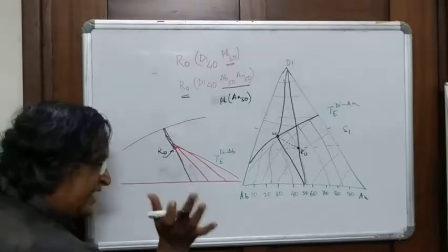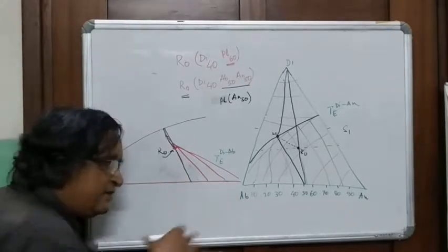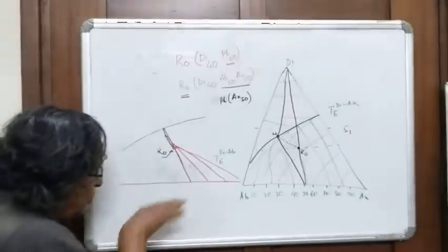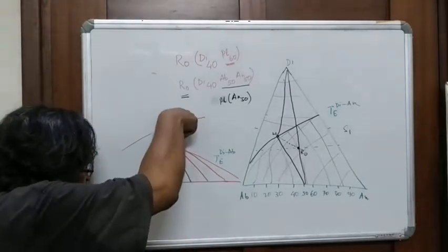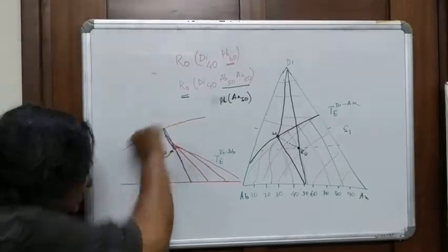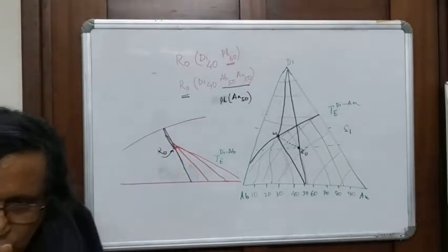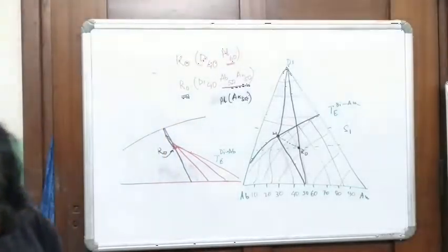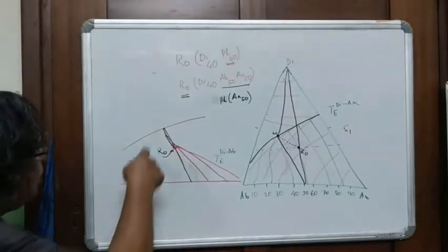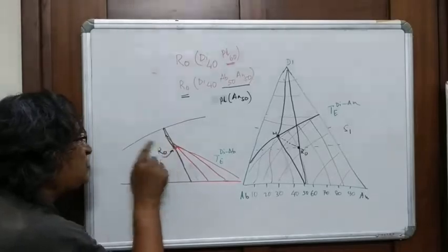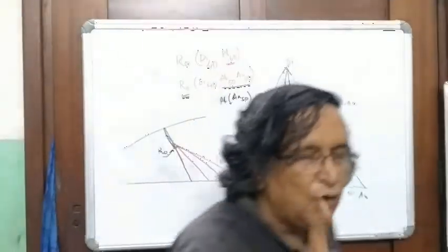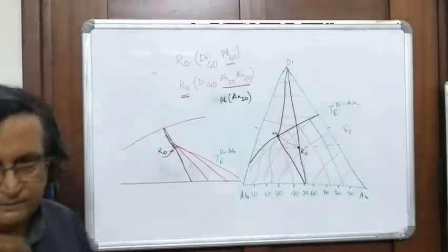Now you can understand that the unmelted plagioclase will become more anorthite rich, and the path followed would be just the reverse. You have to do both simultaneously. Have you understood? And all the while, these tie lines should pass through R0 for equilibrium melting.